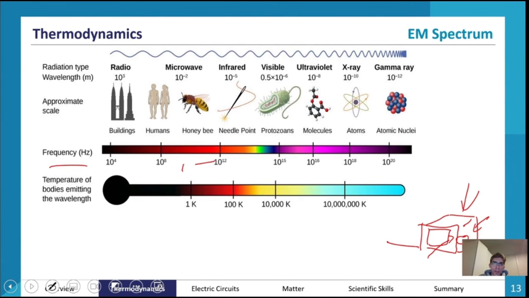Then we can talk about infrared radiation. Infrared radiation can also transfer thermal energy.